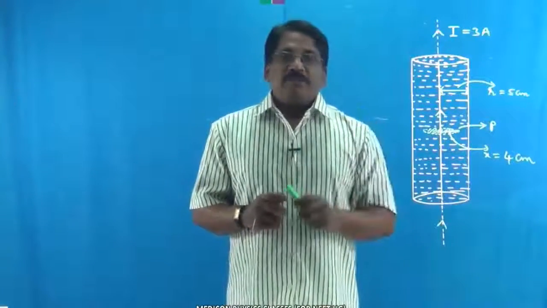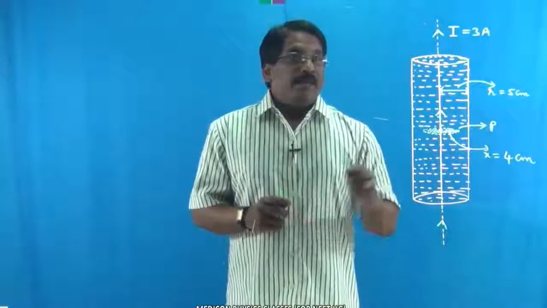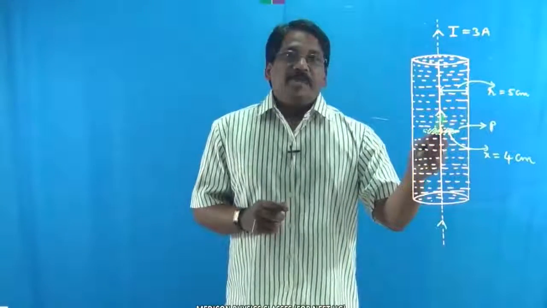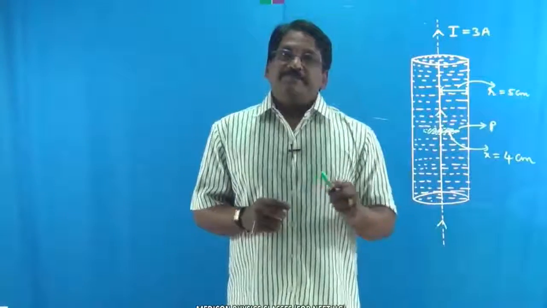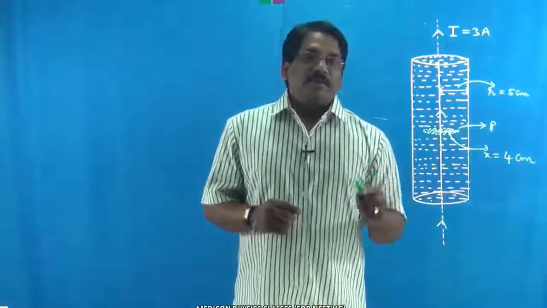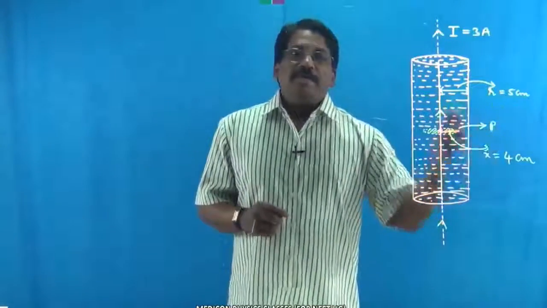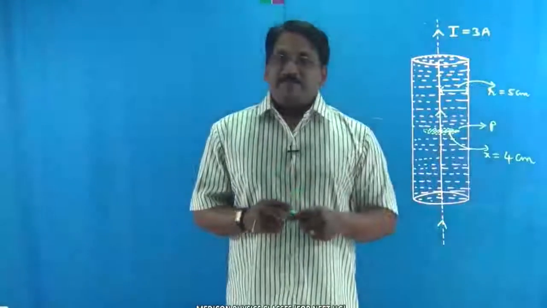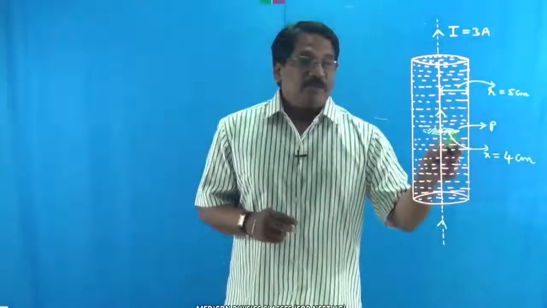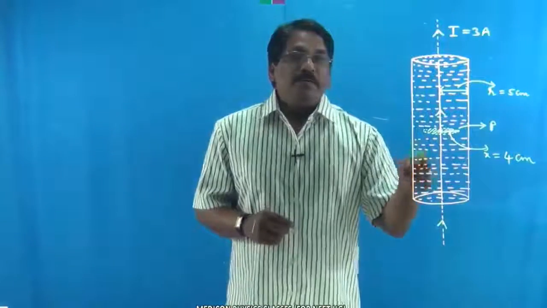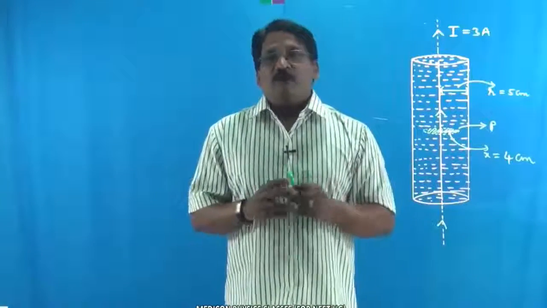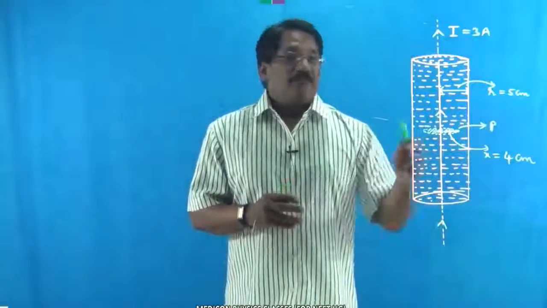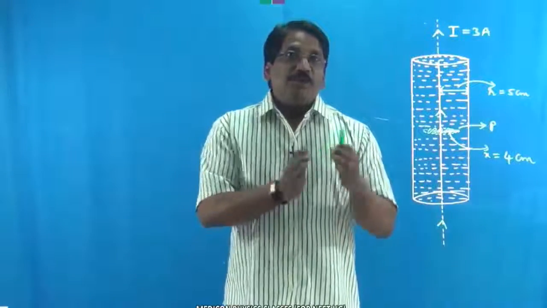Number one, the permeability of the medium has to be considered. When the point is outside, we express only the permeability of air, that is mu naught. But when we refer to the point inside, the permeability of the medium mu comes into our formula, which of course we express as mu r into mu naught.